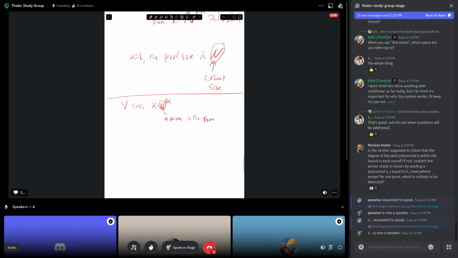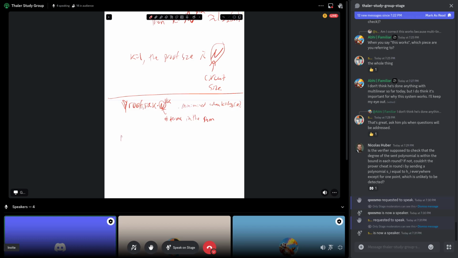And this is minimized when k is log n. So if your sole goal is to minimize proof size, you should just always use multilinear.